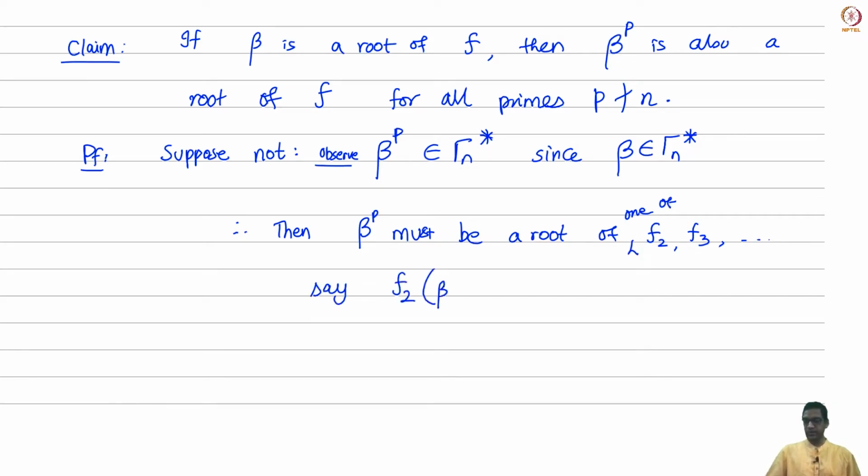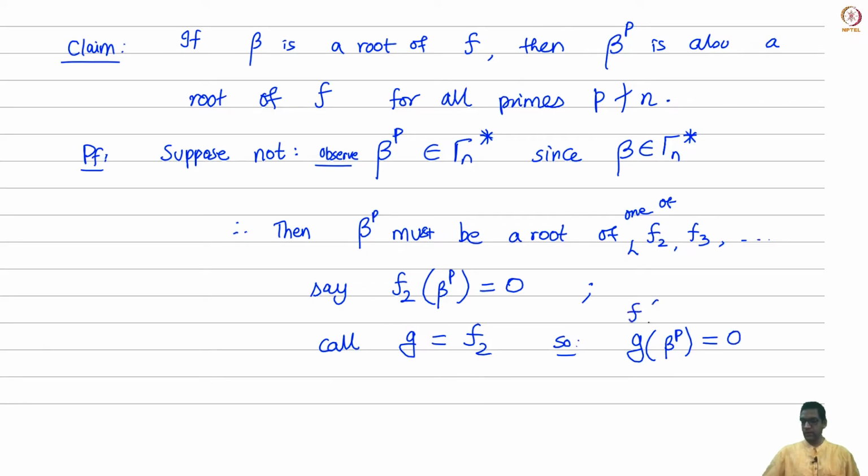Suppose f2 of beta to the power p is 0. Let's again call this something, since we will keep needing to use it again, so let's give it a simpler name. Let's call f2 as g. Okay, so I know the following, that g at beta to the power p is 0.